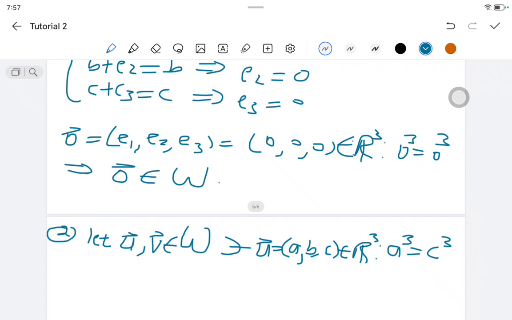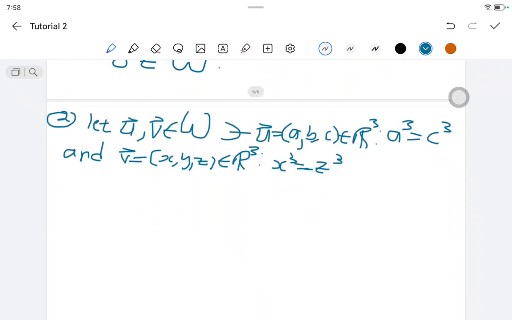So, from this, I also define v to be equal to (x, y, z), which is an element of R3, such that x cubed will always be equal to z cubed. Now I add them.